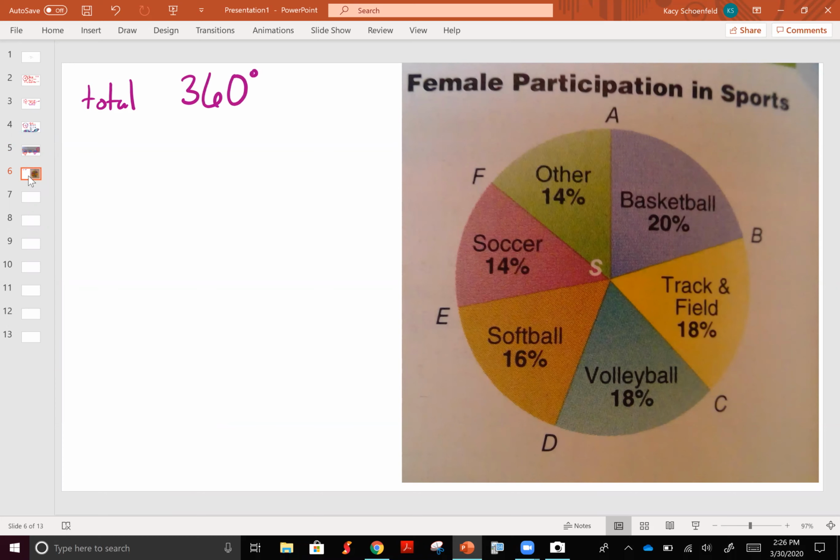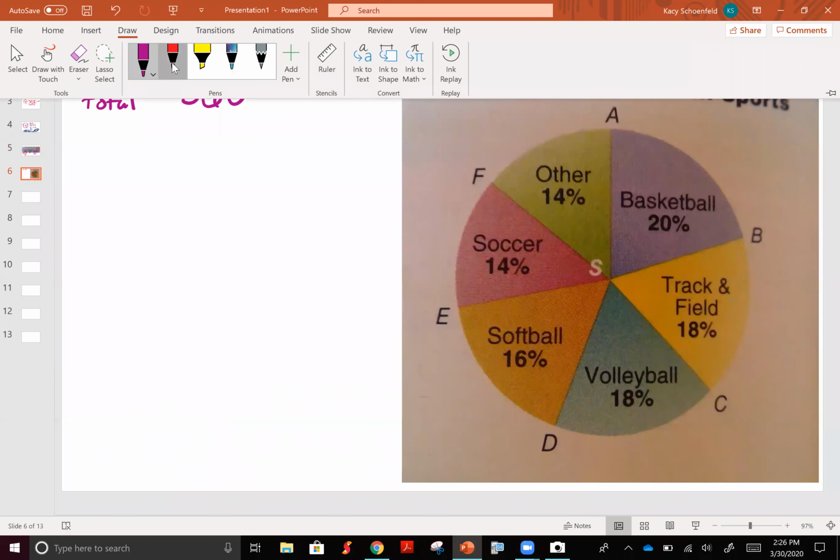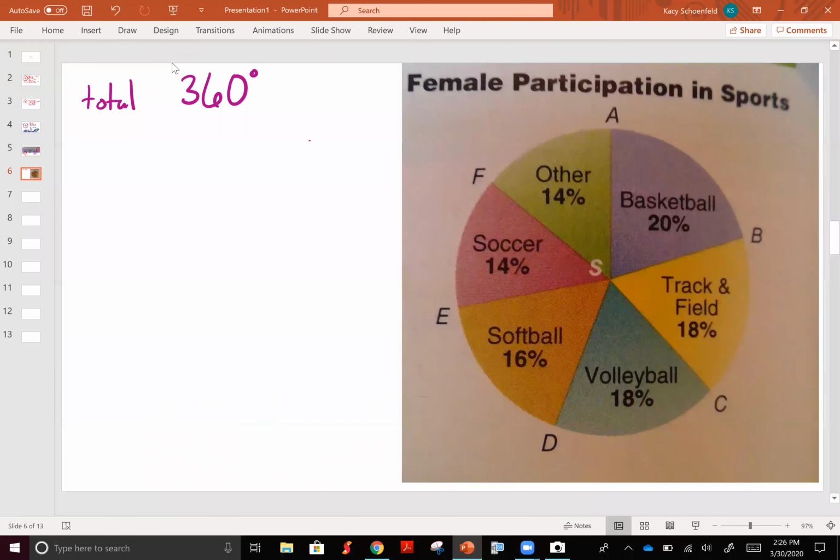So we are going to be finding the percentage of 360 degrees. If I wanted you to find the measure of arc CD, we're going to come over here and find CD.